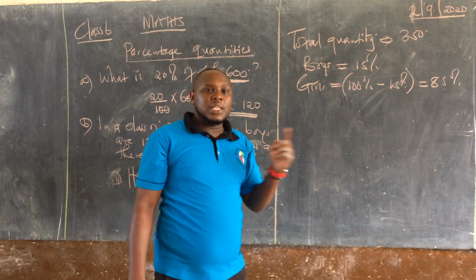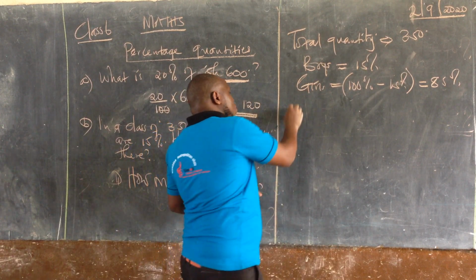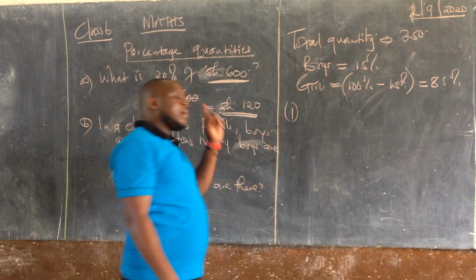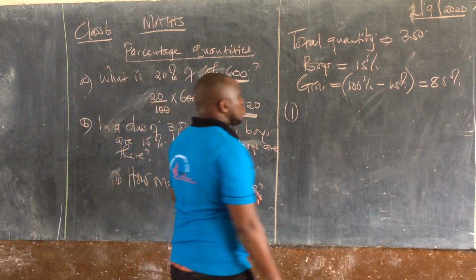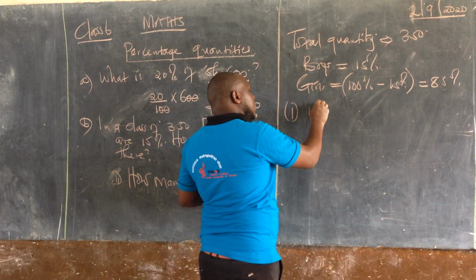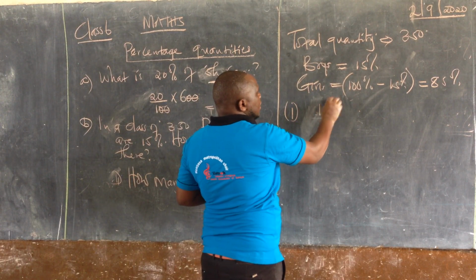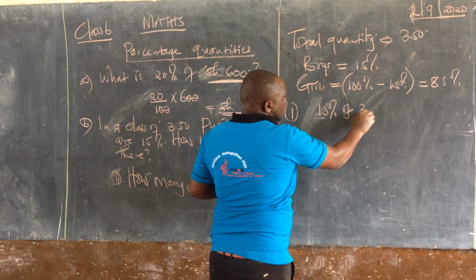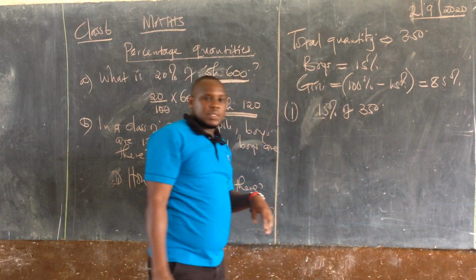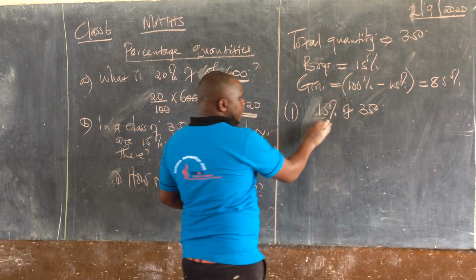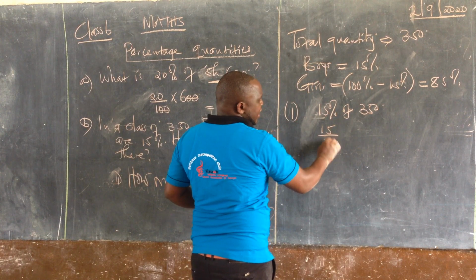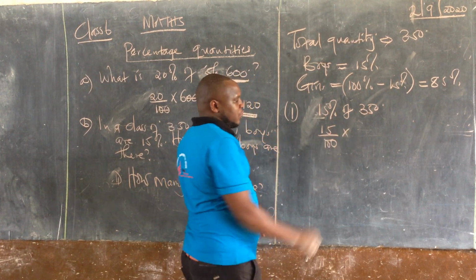So for us to be able to answer this question, it's very easy. So Roman 1, we want to answer Roman 1. How many boys are there in that class? So boys are 15%, and so we can simply write 15% of the total class, which is 350 pupils. So how do we write this number? 15 out of 100 times 350.